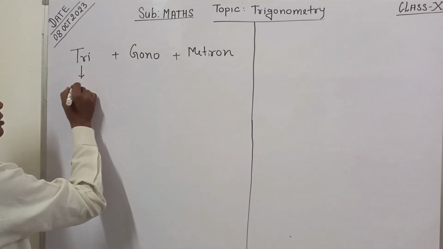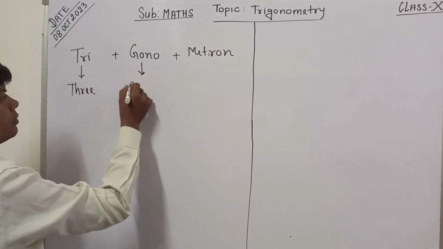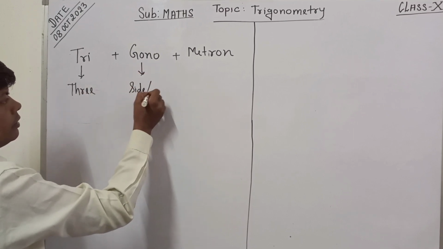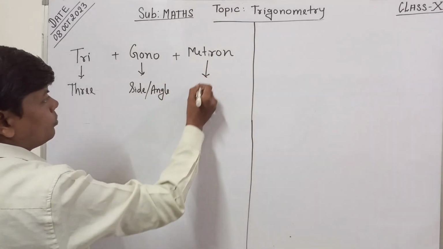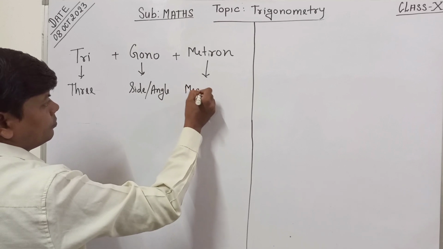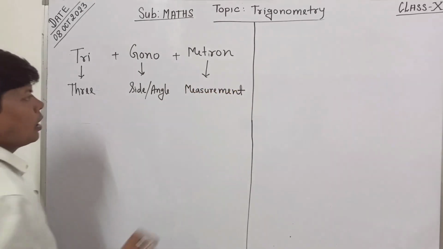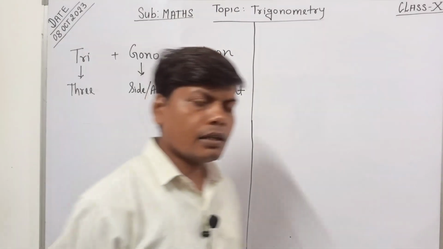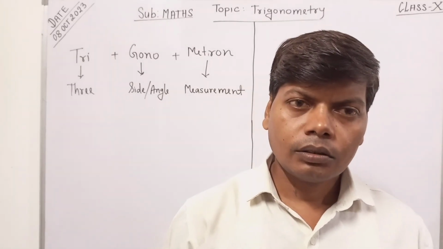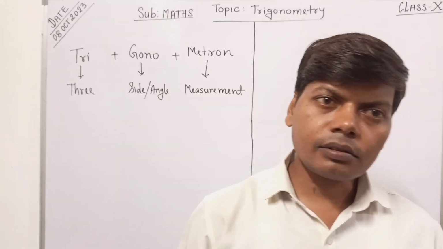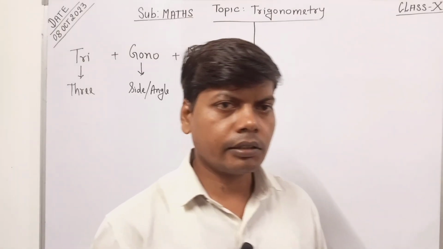Tri means three, gono means side or angle, and metron means measurement. So trigonometry is the measurement of three sides and angles of a triangle. In this chapter, we will discuss the measurement of the sides and angles of a triangle.